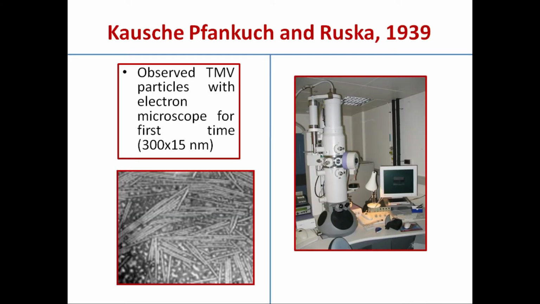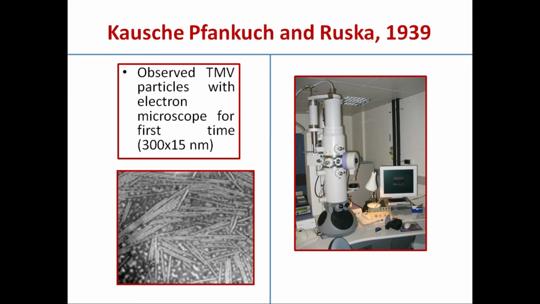Next comes the invention of the electron microscope. The electron microscope was invented in the 1930s by physicists. However, tobacco mosaic virus was the first plant virus to be observed under the electron microscope, and they measured the size of the virus as well, which was found to be 300 nanometer in length and 15 nanometer in width.